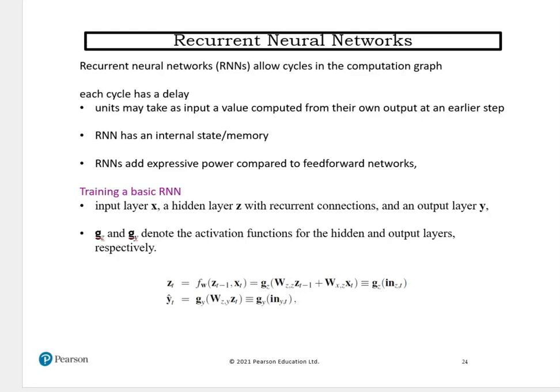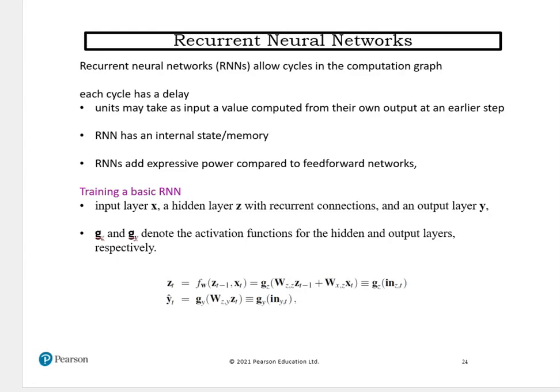Now, RNNs can be compared to hidden Markov models, dynamic Bayesian networks, or Kalman filters. Similar to all these models, RNNs make a Markov assumption, which essentially is that the hidden state z_t of the network is enough to capture the information from all the previous inputs.